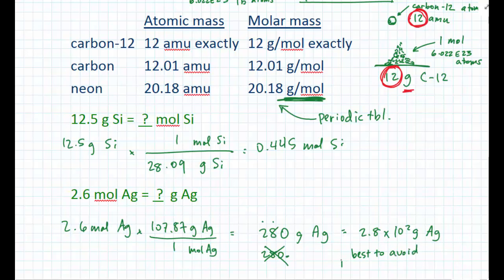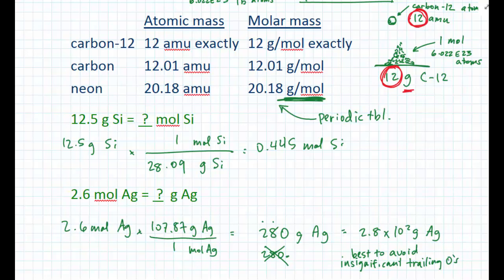Best to avoid insignificant trailing zeros. 280 isn't wrong because we would assume 280 had 2 sig figs. The problem is we don't quite know about that trailing 0 with no decimal point. So we would assume 2 sig figs with that. But still, you're better to avoid trailing zeros that are not sig figs. It's best to avoid those by putting it in scientific notation if you need to.